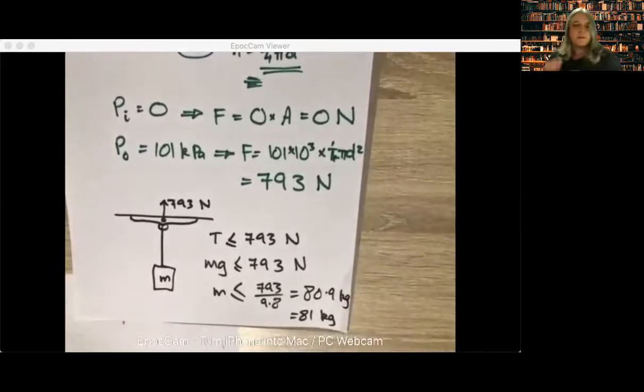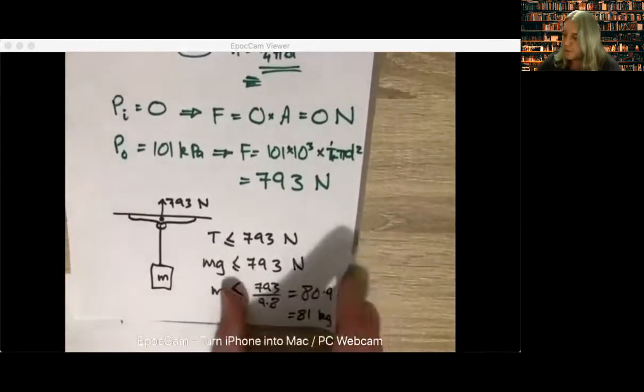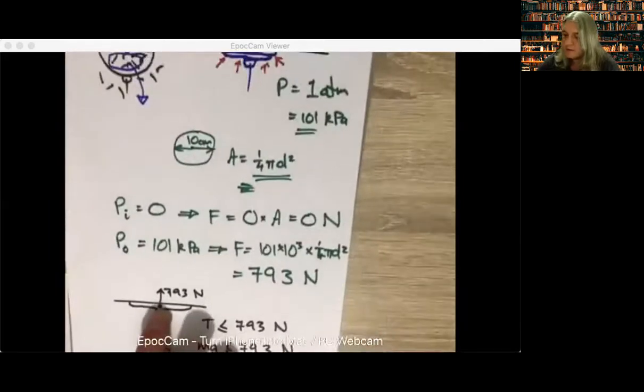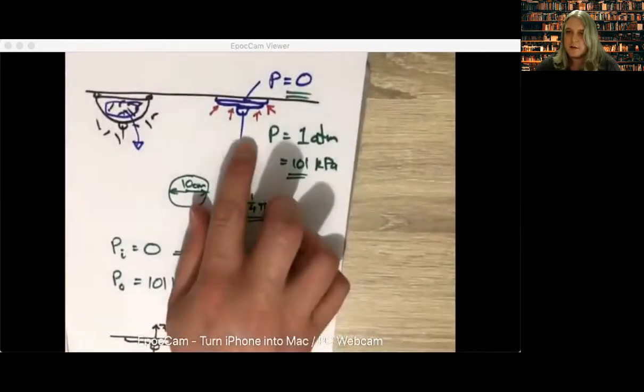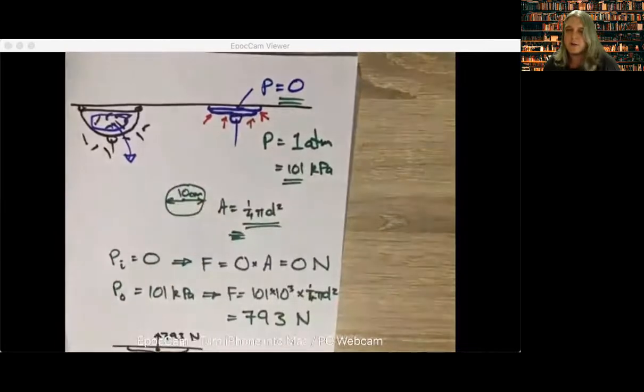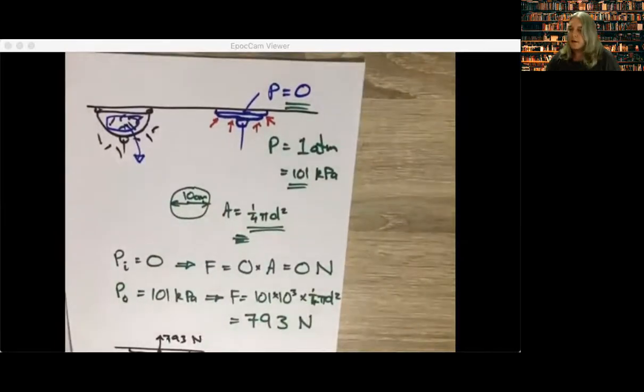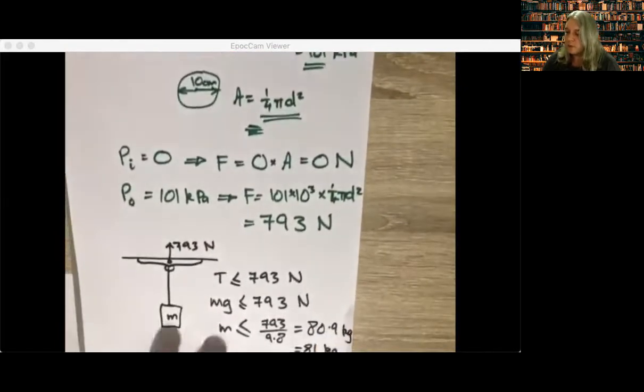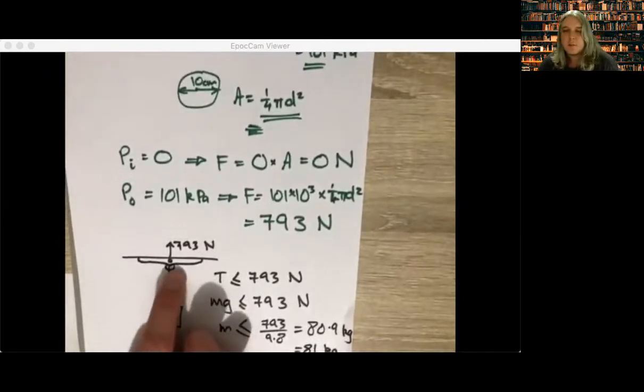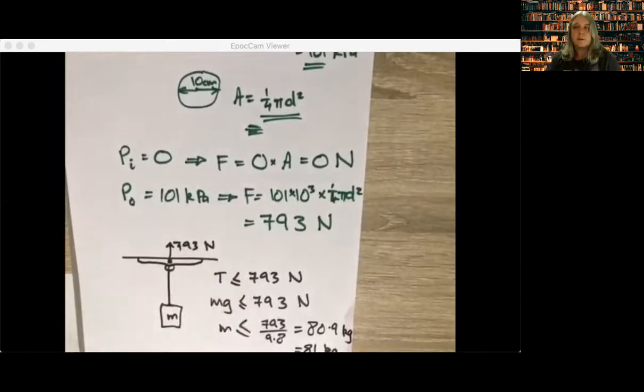Remember, of course, that is an ideal suction cup. Right? We cannot actually get to 0 in here. Getting to 0 inside the suction cup is practically impossible. And it also has ignored the mass of the suction cup itself, the impurities in the sealing. If the seal isn't perfect, then you will get some air being able to get in and out of there, and that will obviously release the suction cup.